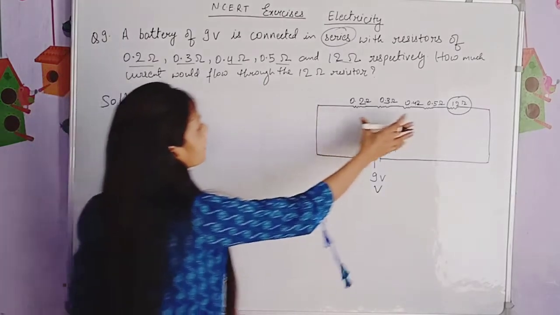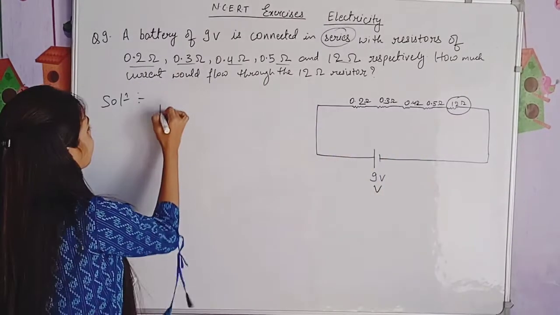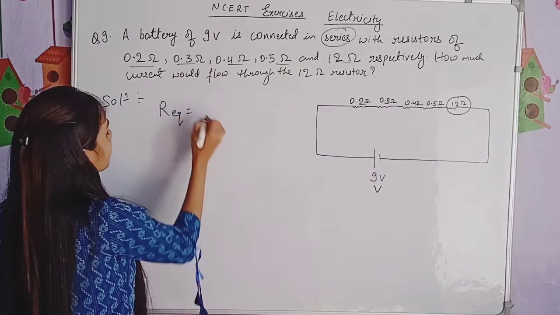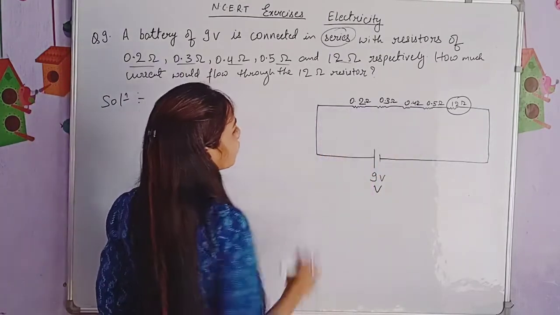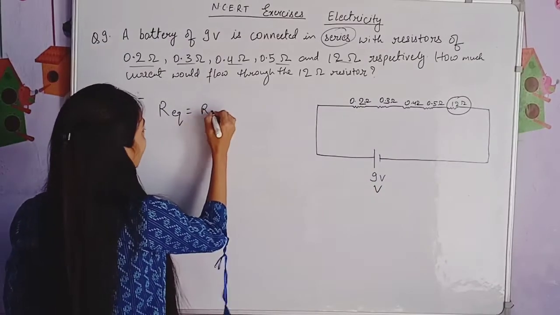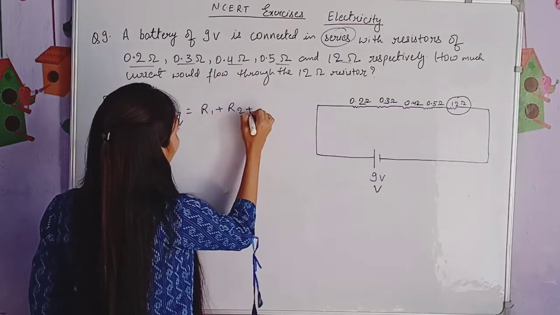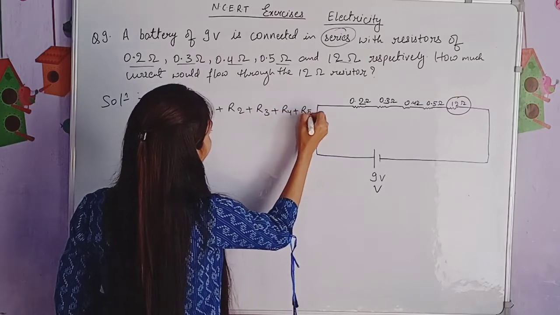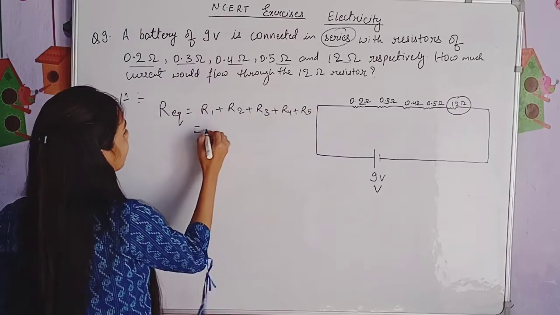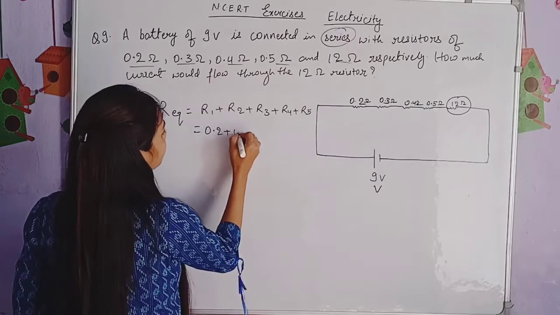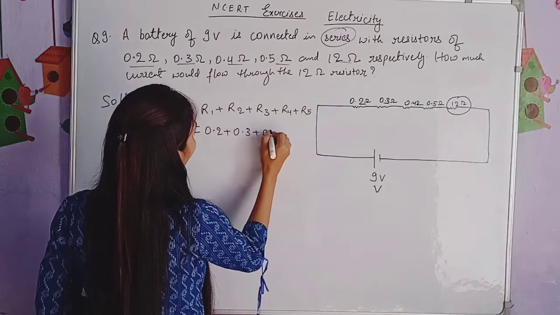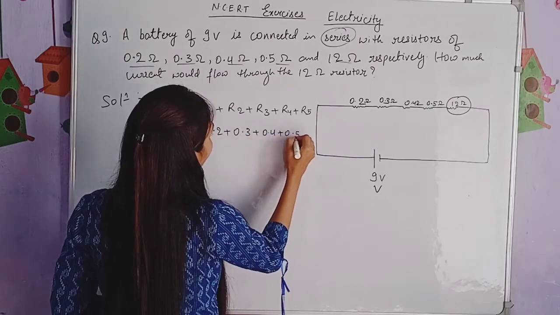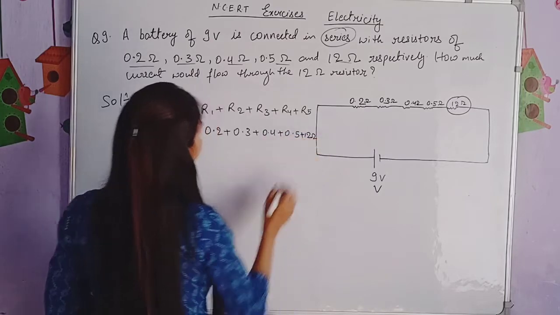Since all these resistances are connected in series, our R equivalent will be the sum of all these individual resistances, that is R1 plus R2 plus R3 plus R4 plus R5. Put the values. R1 is 0.2, 0.3, 0.4, 0.5 plus 12 ohm.